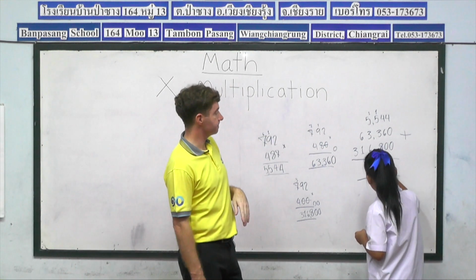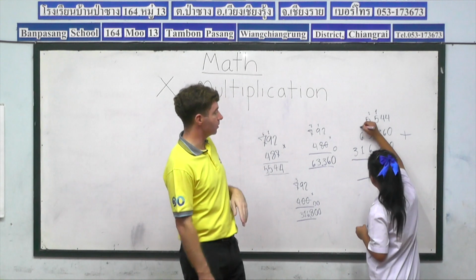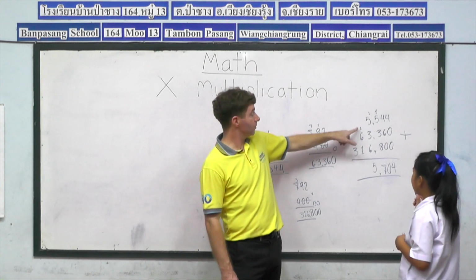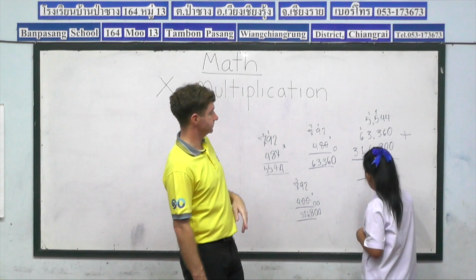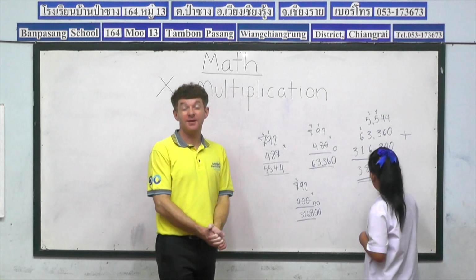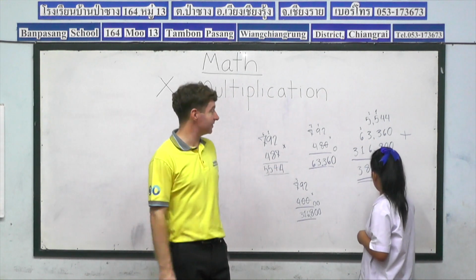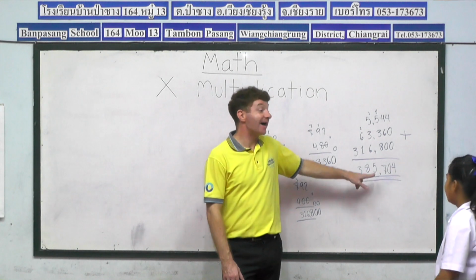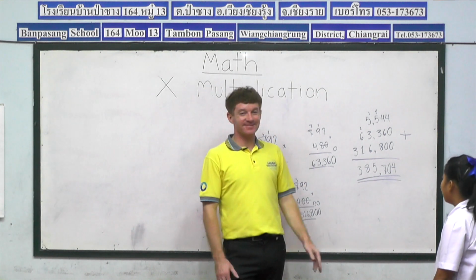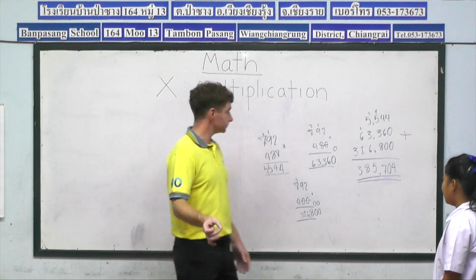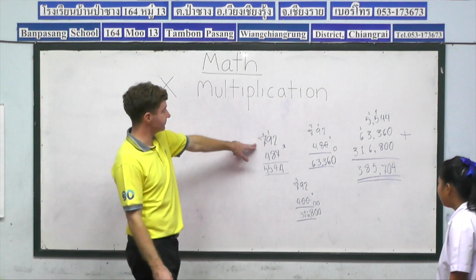So comma, and then the 5, carry the 1. 1 plus 6, 7, plus 1, 8. And then finally, 3 plus nothing is 3. So now we have our final answer. 385,704.